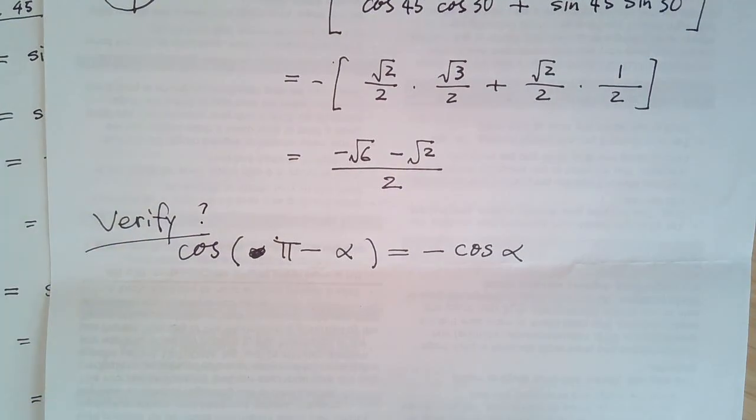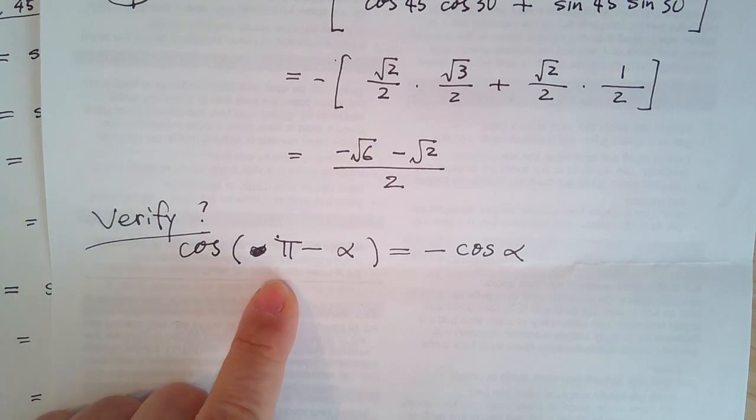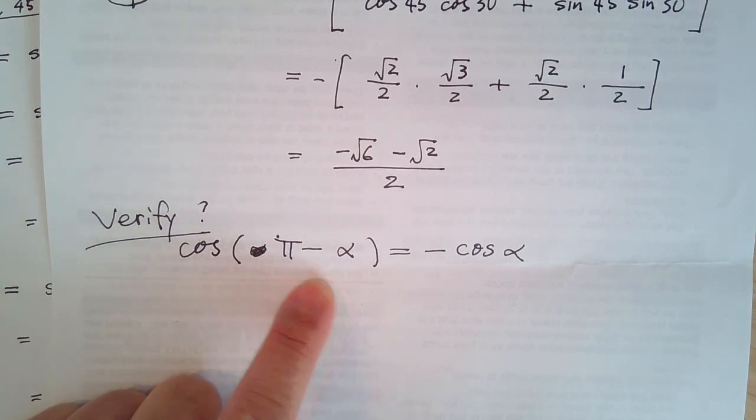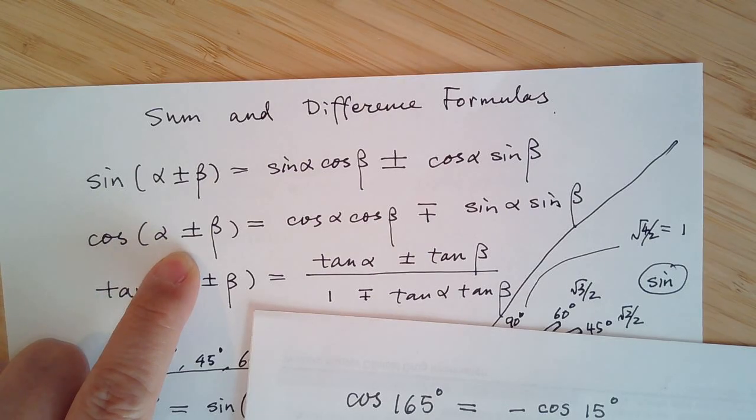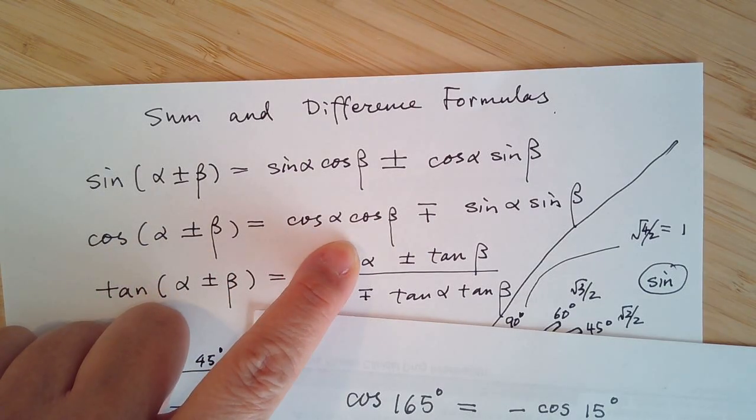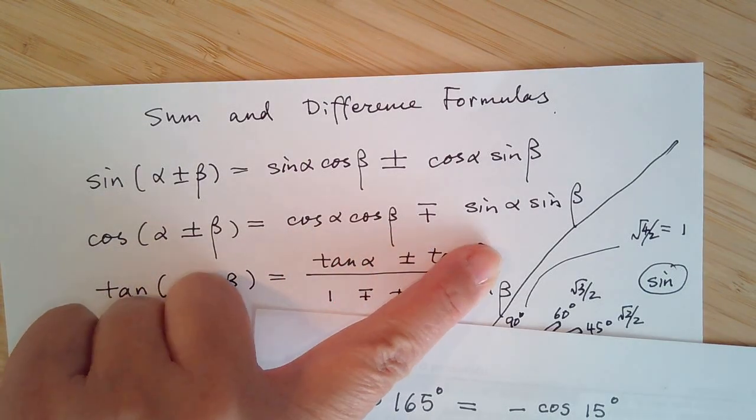Can you verify this? Well, yeah, because this is the difference, right? And once it has a difference, cosine alpha minus beta is cosine alpha cosine beta plus sine alpha sine beta.